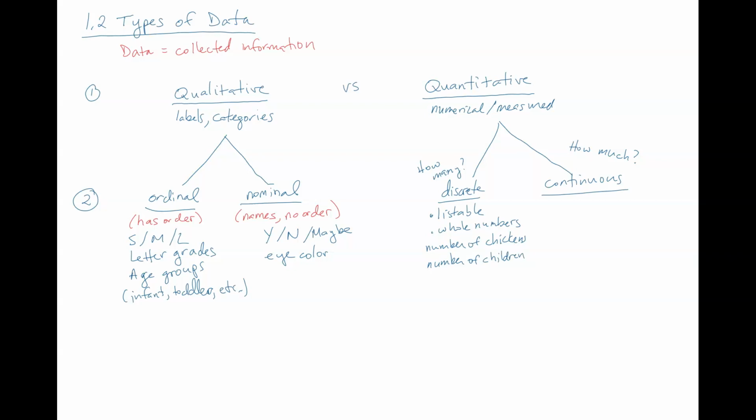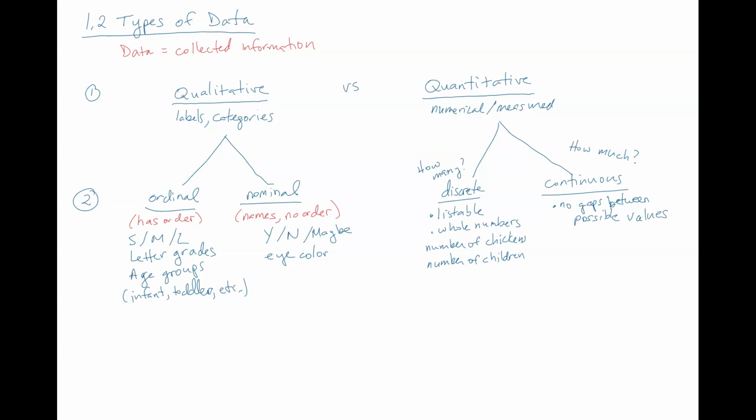And then for continuous examples, first of all, a general comment is that there's no gaps between possible measurements, possible values. So it's not the actual data. You're going to have just a list of numbers, which will have gaps. But the possible values have no gaps.